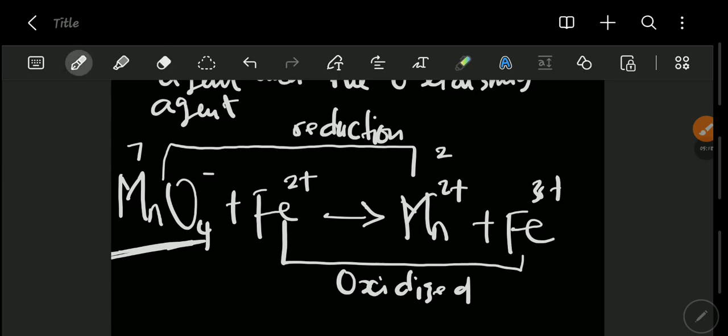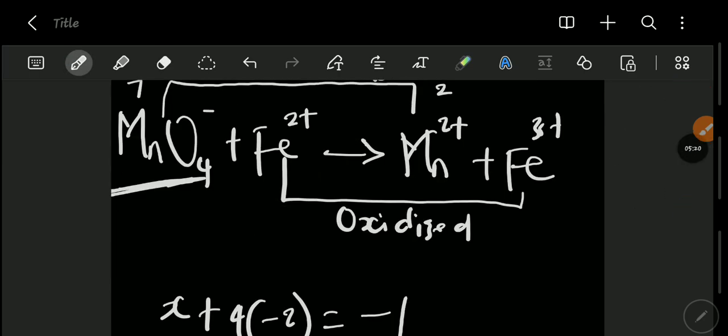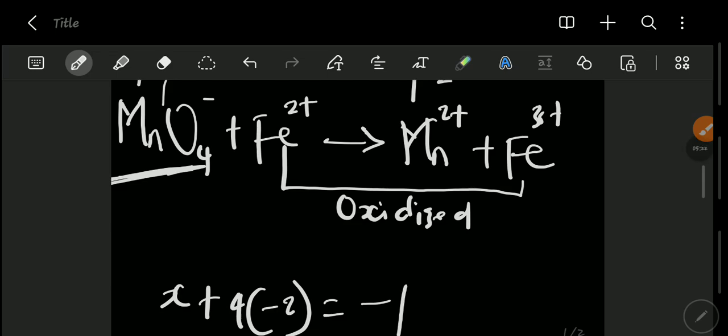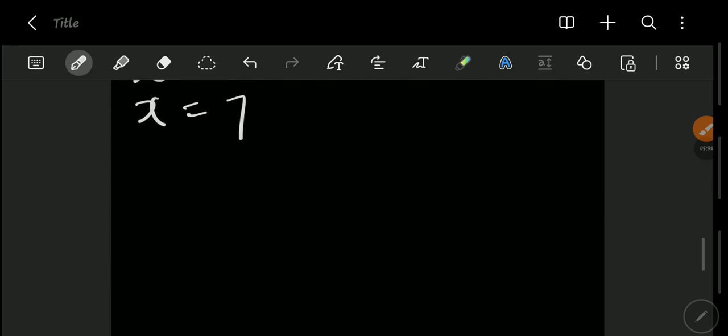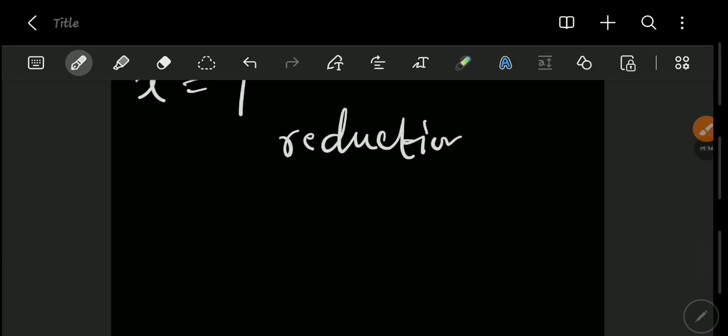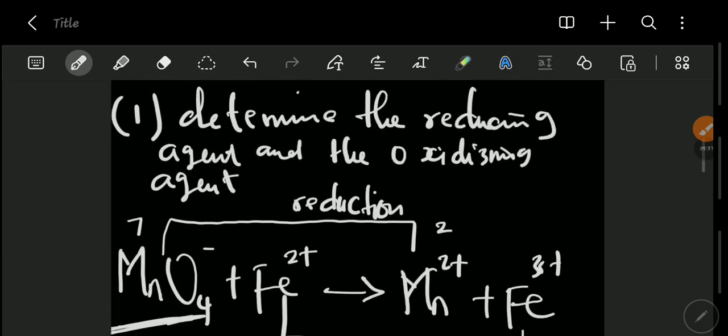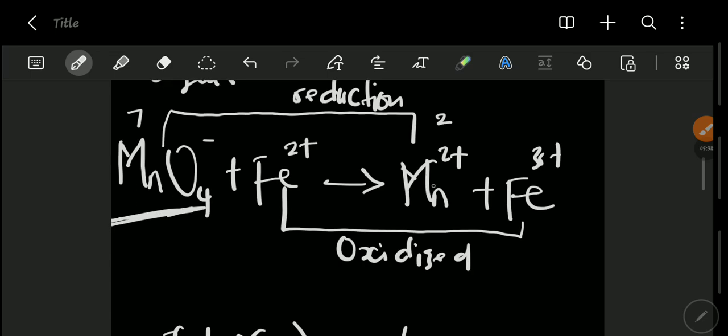All right, so having done that, what's the next thing I want to do here? Let's bring out the compound that is being reduced and the compound that is being oxidized. So for the compound that is being reduced, I want to start with the reduction, right? The compound that is being reduced here is this and this.